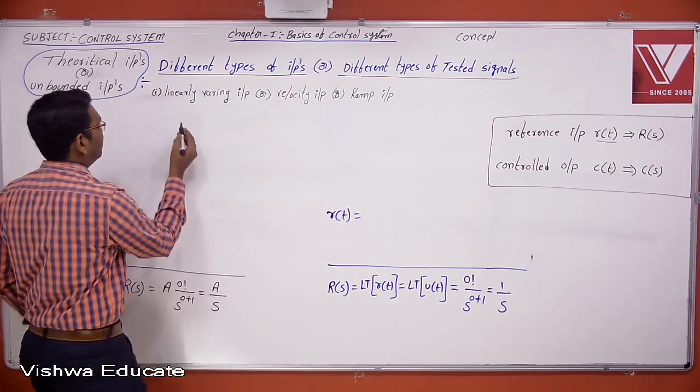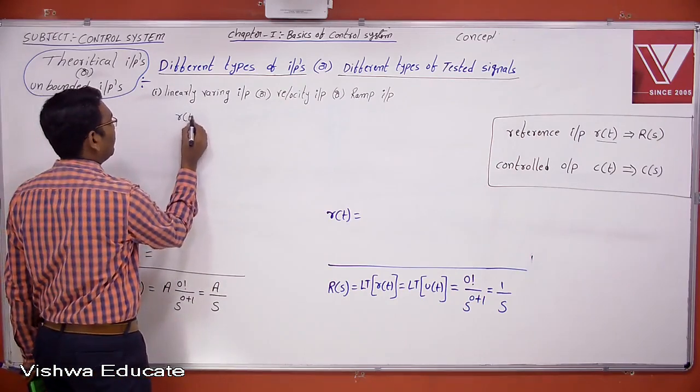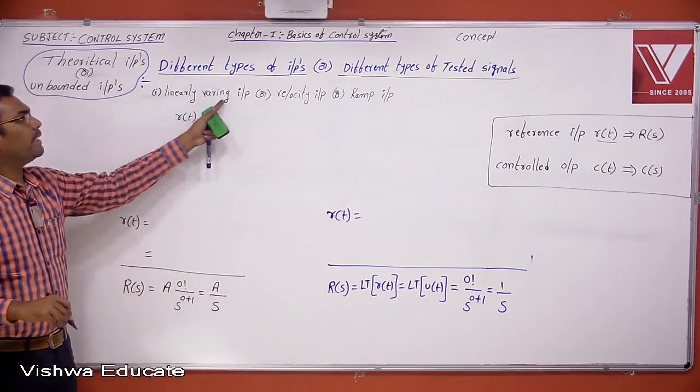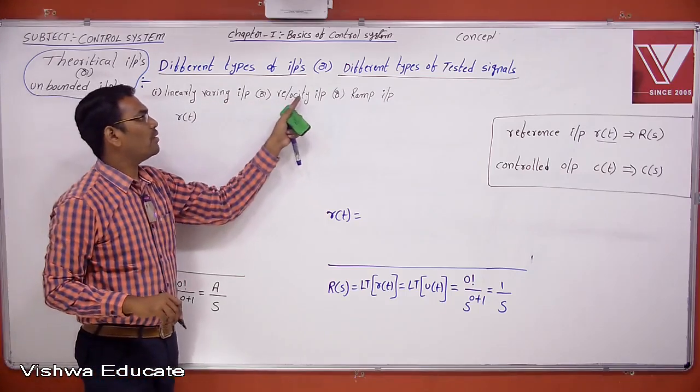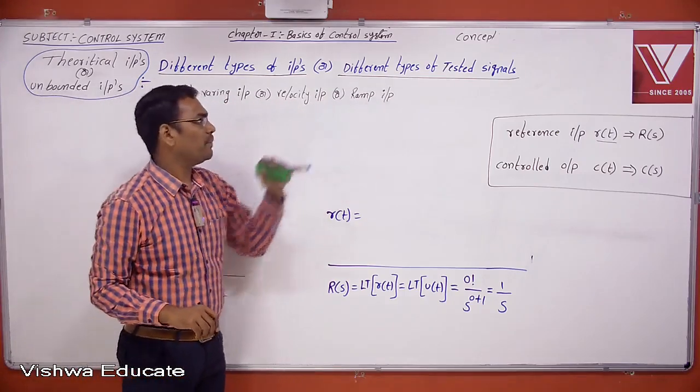Mathematically, linearly varying input is also called velocity input, or ramp input. This is one of the reference inputs, which is the linearly varying input, velocity input or ramp input.